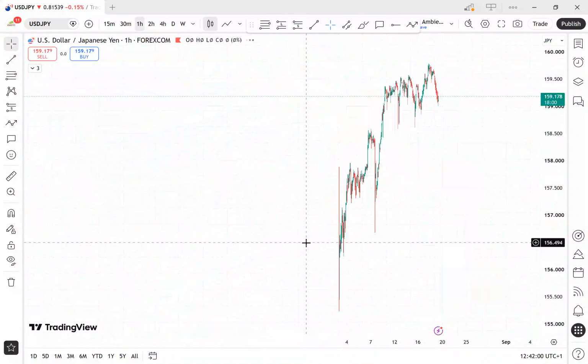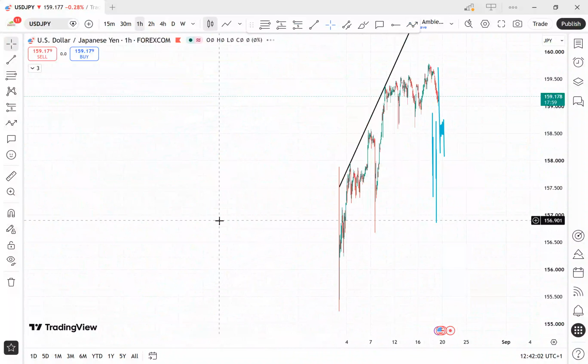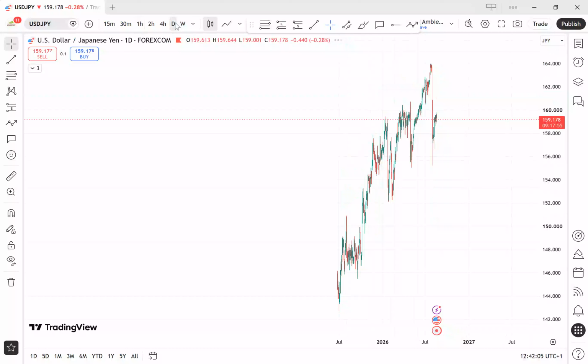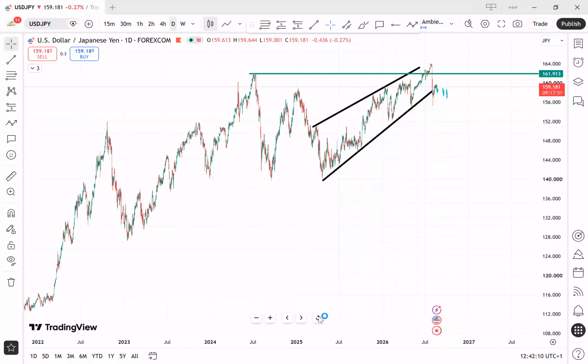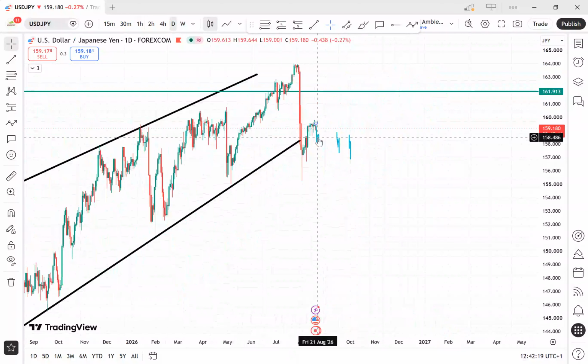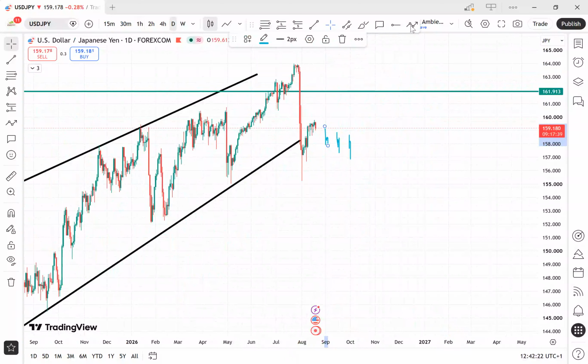Next in line is USD JPY. On USD JPY, we have a bearish reversal structure on the higher time frame. As you can see, we have this high, we have this ascending channel, then price impulsed out of that ascending channel. So what am I expecting here now? We have an impulse already.